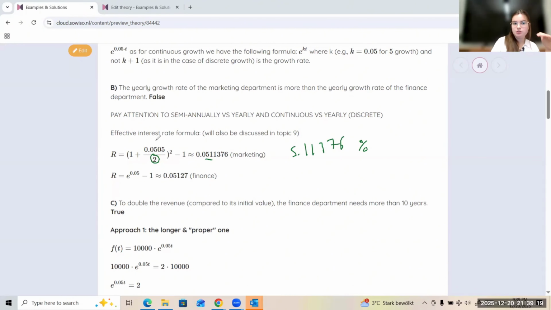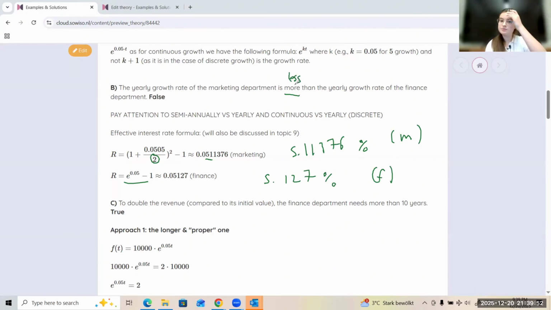So if semi-annual is 5.05%, the yearly would be this. And whenever you're trying to equal out the continuous growth, you would receive 5.7% growth. So for the finance, this is for the marketing. So the yearly growth of the marketing department is actually less. So this is false. So please pay attention to such things.